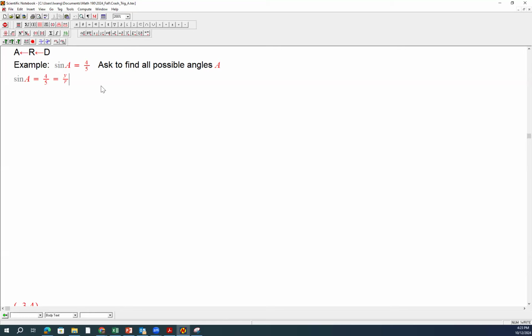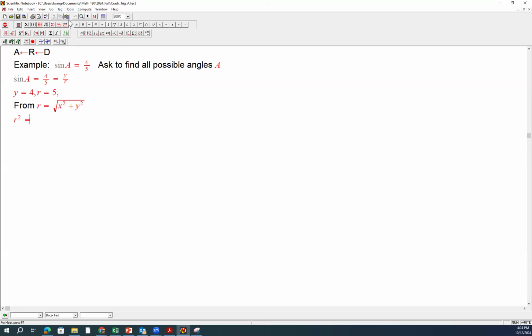So in this case, we know Y equals 4, R equals 5, and we find X. Yes, we can, because from the relationship of R equals the square root of X squared plus Y squared, we know that R squared is equal to X squared plus Y squared.